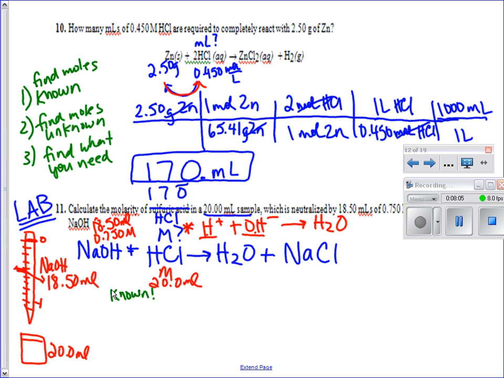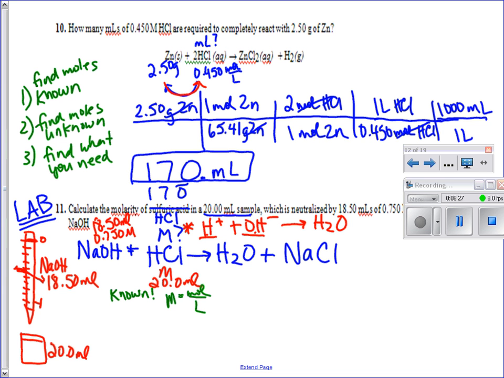The NaOH. So how do I find moles from molarity and milliliters? Not divide by. Molarity is moles over liters, but we want moles, right? So multiply molarity times liters. In the spring, y'all are going to be fast at this.